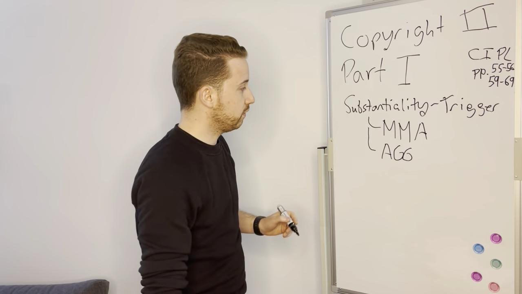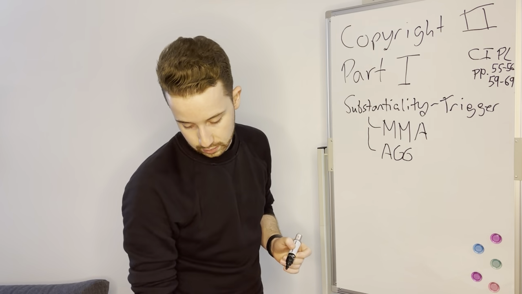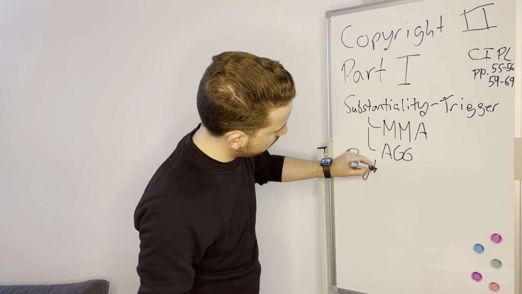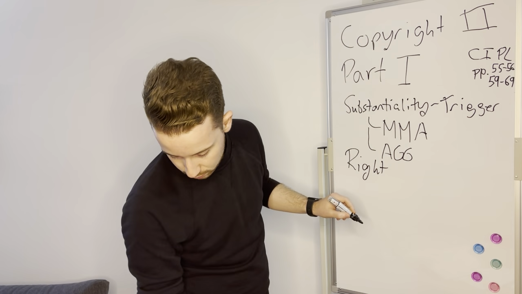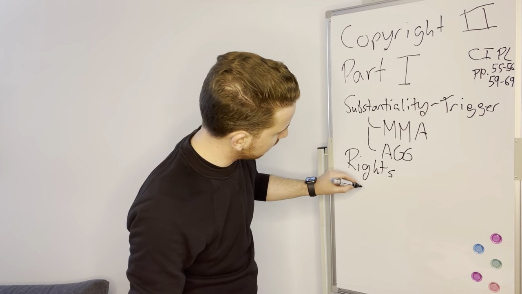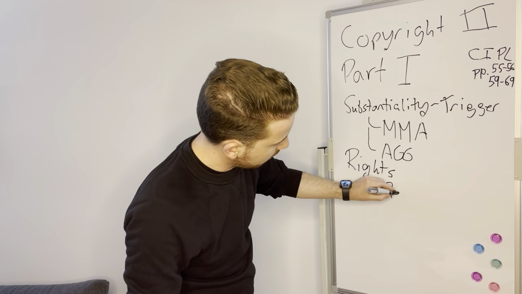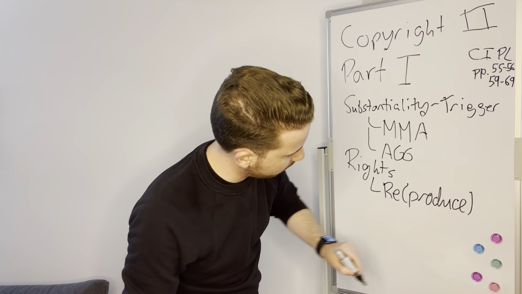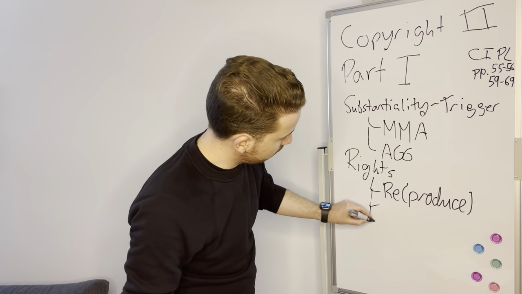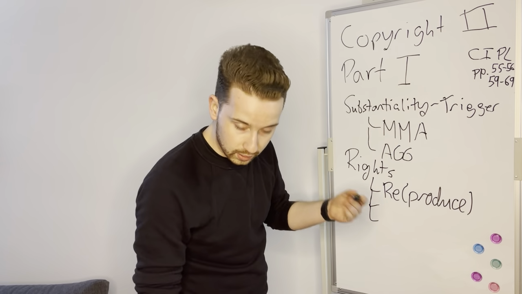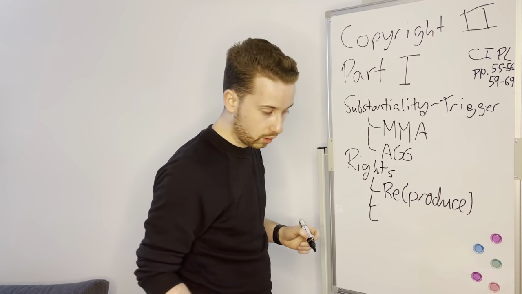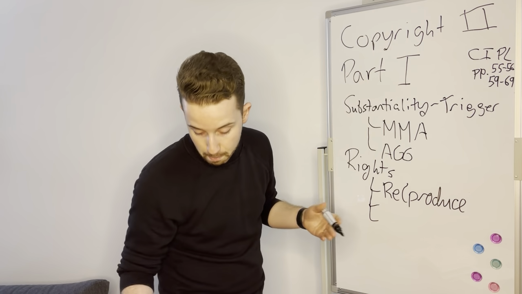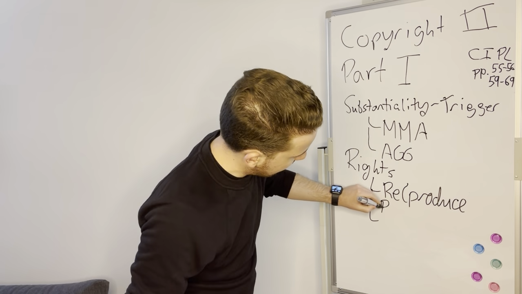Now, as we move on, the following section, pages 59 to 69, are about the rights of the copyright holder. So, what are these rights? We have an enumeration of the most important ones, but this is not exhaustive, right? If you look at the Copyright Act, and you probably should, even though you don't have to learn the entire list, it's not important here, there's actually an enumeration of rights that is much, much longer than that.